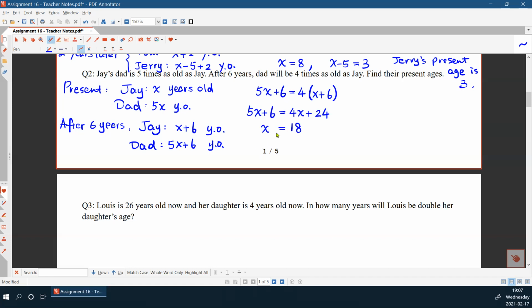What is x here? X is Jay's present age, right? We also want dad's present age, so we need to find 5x. 5x is 90. So here we have these two values here.